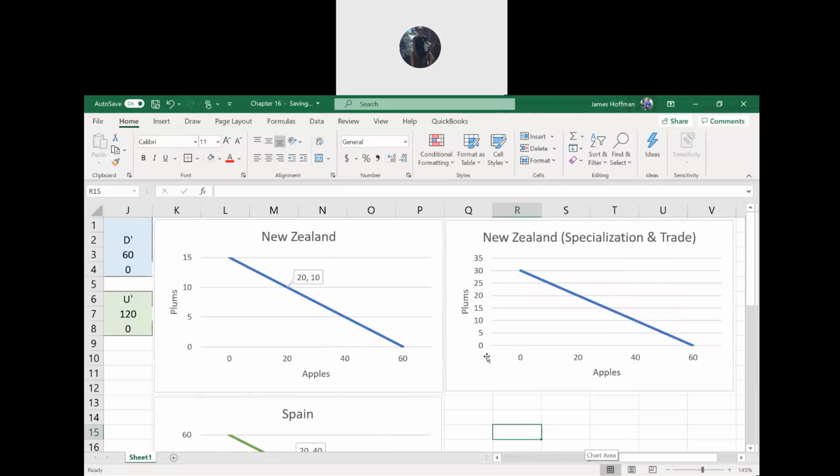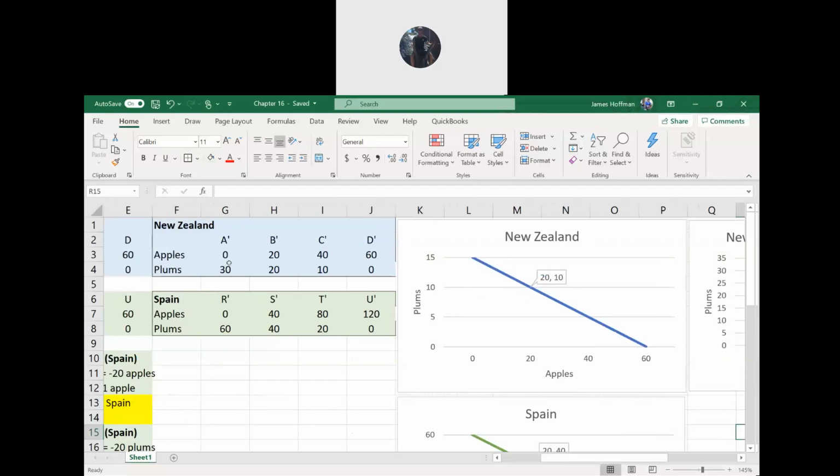Okay, and then if you format it to show just like the table that you made over here. All right, so plums go from 0 to 30 in increments of 10.